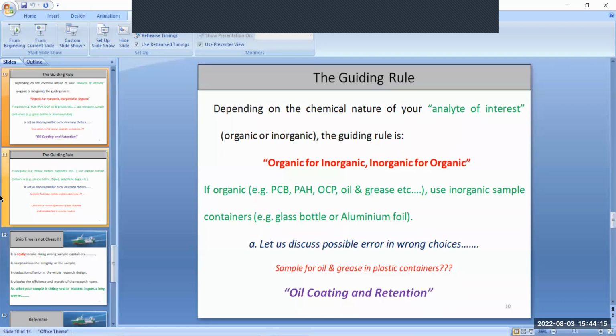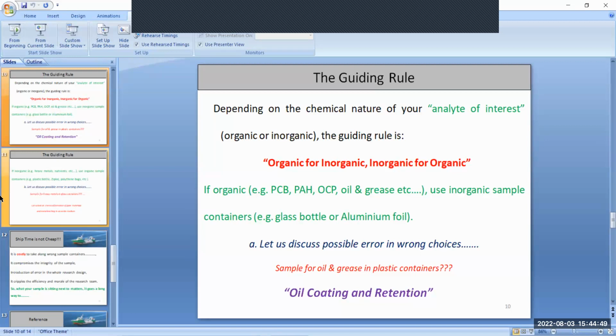So if your analyte of interest is polychlorinated biphenyls or organochlorine pesticide or oil and grease, then it is expected of you to use inorganic sample containers, e.g. glass bottles, or aluminum foil if your sample is solid. So if your sample is solid in nature, then you wrap it with aluminum foil, if your analyte of interest is organic in nature.